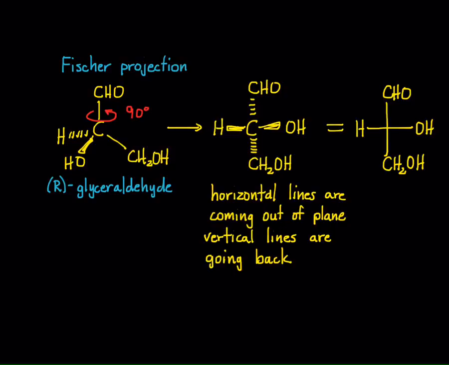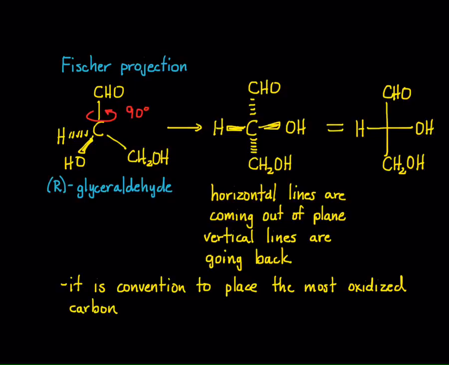Now, obviously we can draw different types of Fischer projections of R-glyceraldehyde depending on what is going back and what is coming out at us. But one thing to denote, to make things much simpler, especially as we get into more complex carbohydrates, is that it is always convention to place the most oxidized carbon, and in this particular case the most oxidized carbon is always going to be that aldehyde carbon, on the top.